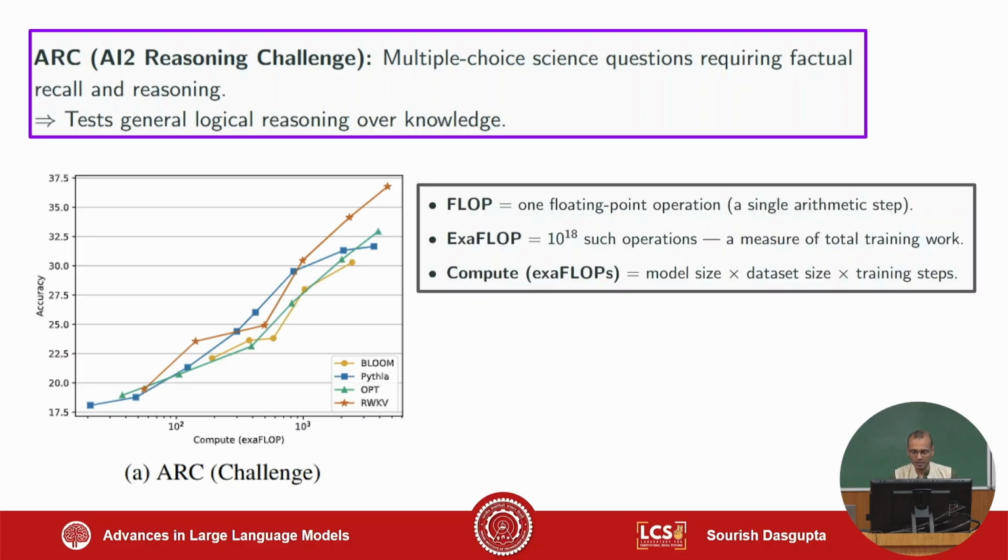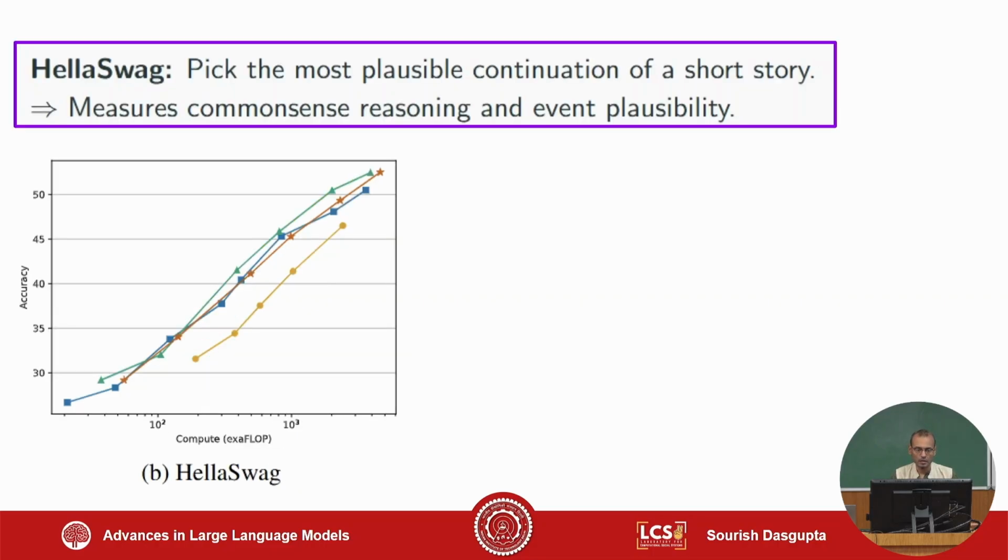And by compute, what we mean is the model size and the data set size multiplied by the training steps, right? And we see that as you give it more compute, it starts performing much better than the other transformer based models like Bloom and Pythia and OPT on multiple choice science questions, right?